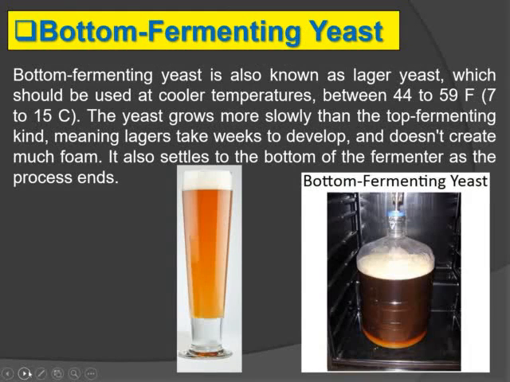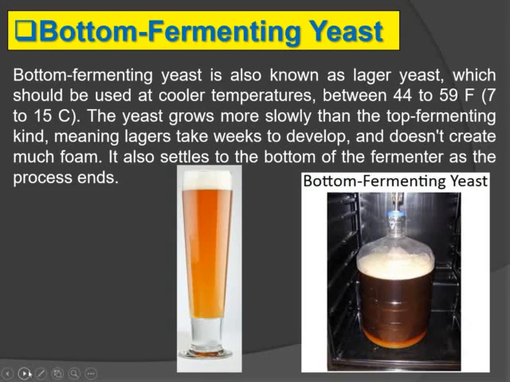Next is your bottom fermented yeast. This is another byproduct often from the beer industry, because, as the name suggests, when fermentation is done, the yeast settles as sediment at the bottom of your product, and that will be collected and used for other purposes as well. That is known as bottom fermenting yeast, also known as lager yeast.